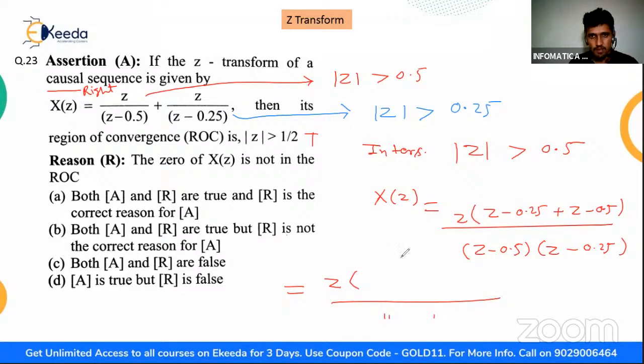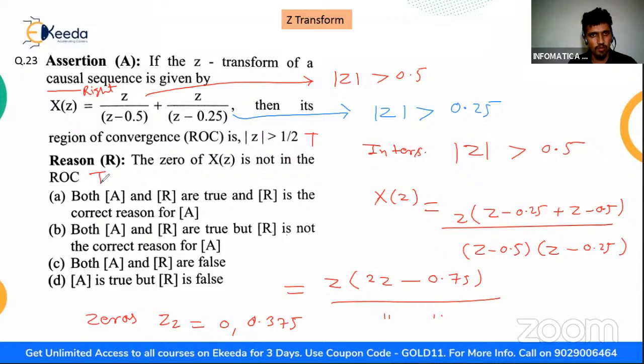The numerator will become 2z minus 0.75. From here, where will the zeros be? Just writing the zeros: z equals 0 and z equals 0.375. Both are not included in the ROC. Zeros of X(z) are not included in the ROC.